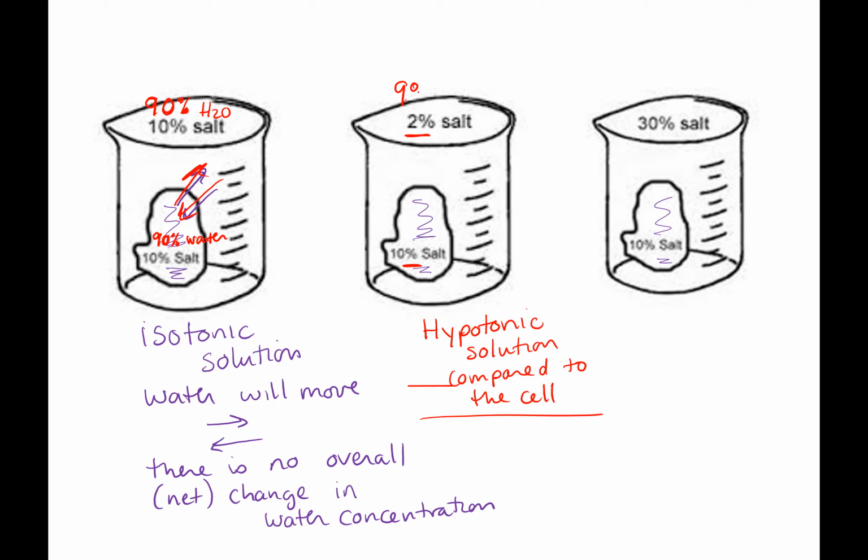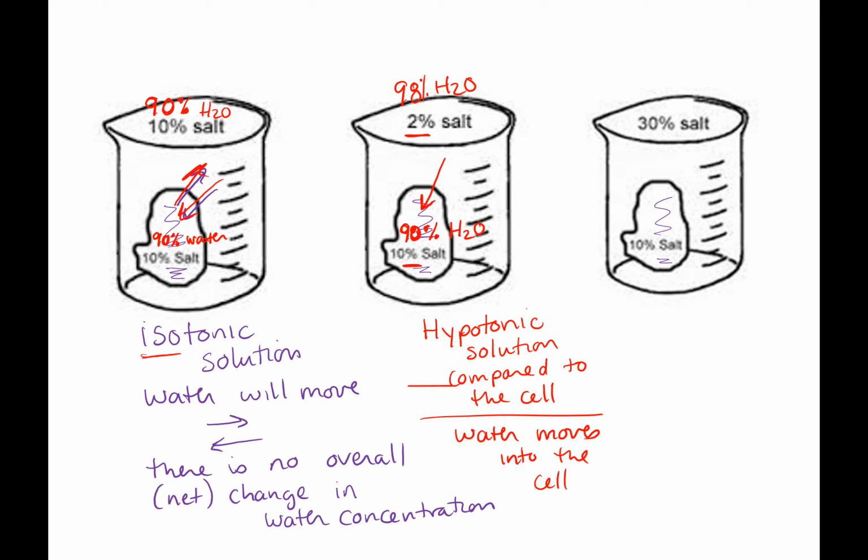So we have 98% water since 2% is salt. Inside the cell, these cells are all the same, we have 90% water. Okay, water is going to move from high to low, so water will move into the cell until it reaches an equilibrium. But we're just going to take a snapshot and say which way will water initially move.